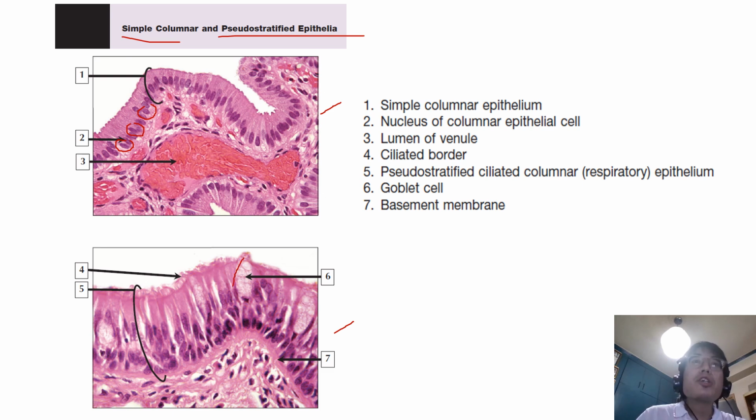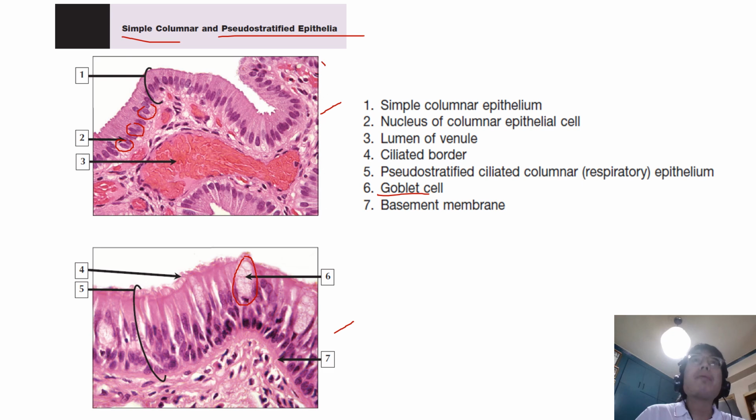Six here, the transparent cell, is the goblet cell, which is very common in the pseudo-stratified ciliated columnar respiratory epithelium. And the very bottom of the pseudo-stratified epithelium is the basement membrane.